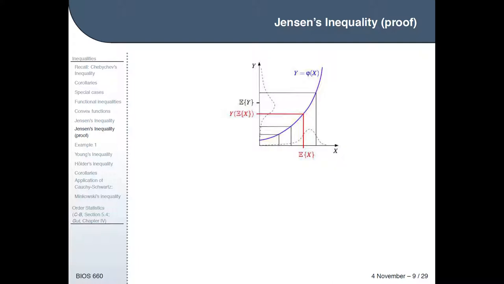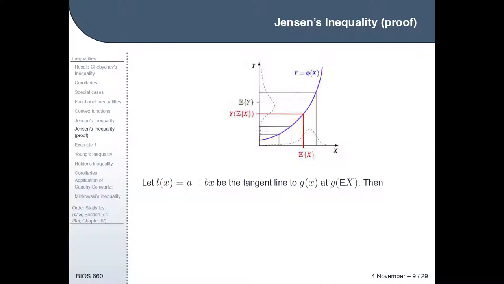If the two distributions were identical, it would just be a diagonal line. Since the function is convex, you map a given x to a given y, and it's going to be further to the right for the y than it is for the x, if that makes sense.